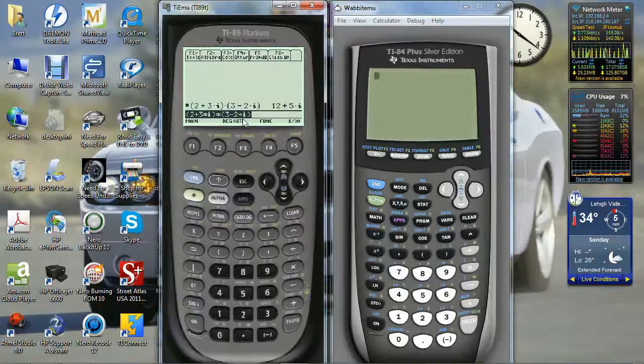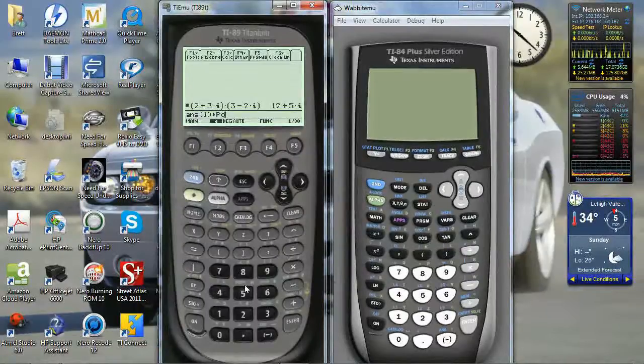Now I can take this form and I can put it into polar. So I'm going to click second and answer. I'm just going to use this 12 plus 5i. Hit the second button and the mode, which has the little blue triangle pointing to the right. That's the conversion function. And then you just type Polar with a capital P. So I'm going to use alpha shift, get my P. Then I'm going to lock alpha so I don't have to keep going back to it.